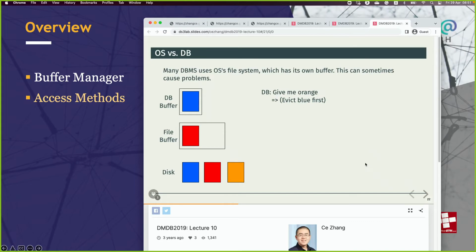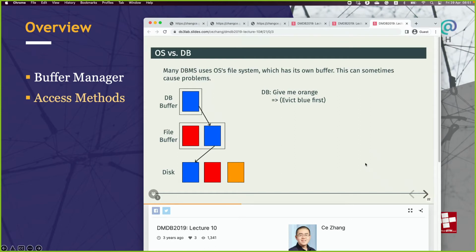And then the operating system is going to get that request. If you think about what the operating system is going to do, it's actually going to bring this blue page from the disk to the buffer. Okay? So that part needs to happen. And then evict that from the file cache to the disk.